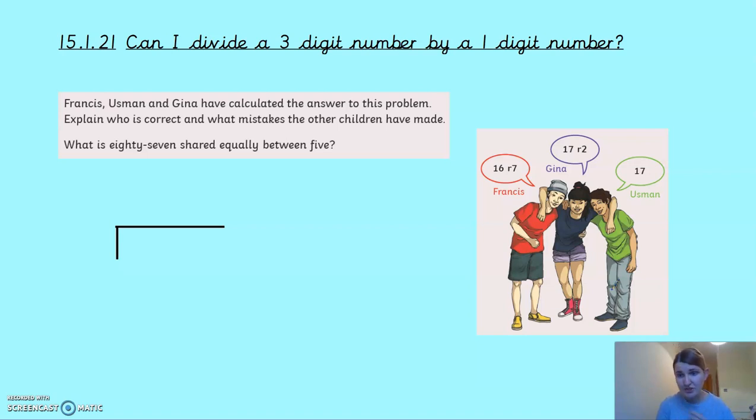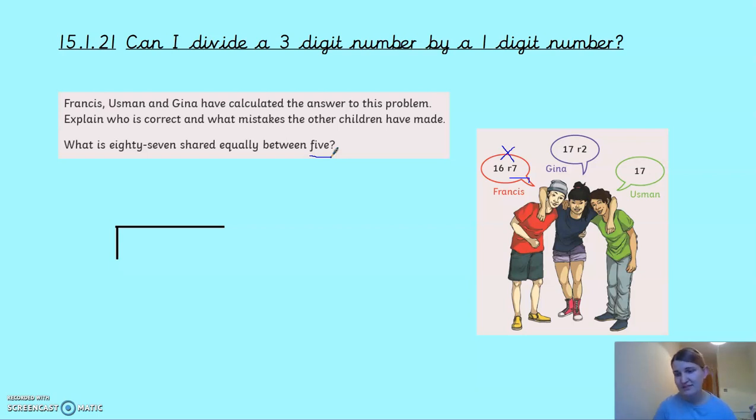Okay, so straight away, I can see Francis has got a remainder of 7. Well, if I'm dividing by 5, I cannot have 7 left over. I'd be able to make another group of 5 out of those. So straight away, I know Francis is wrong. I also know that if I'm sharing equally between 5, I can use my 5 times table.